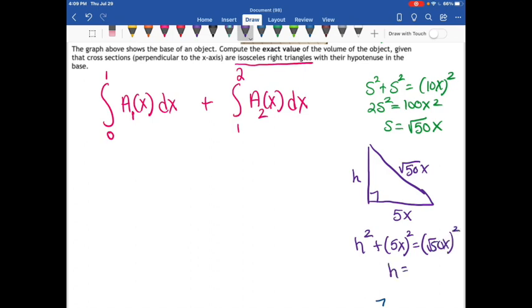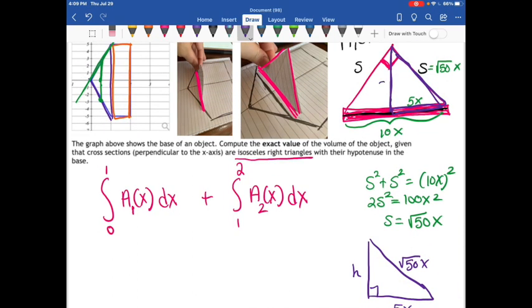When I solve that for h, you should get that h is 5x. So I know that my height here is also 5x. So now I have the area of my first cross section. That's the area of a triangle, which is 1/2, the base, which is 10x, times the height, which is 5x, and then we have dx.